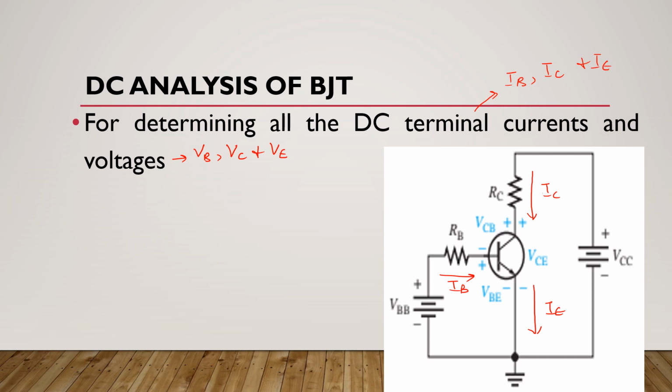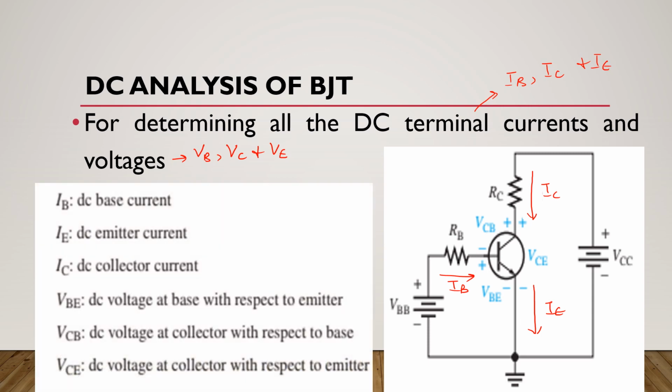Now here this IB is DC base current, this IE is DC emitter current, this IC is DC collector current, this VBE is DC voltage at base with respect to emitter, this VCB is DC voltage at collector with respect to base, and this VCE is DC voltage at collector with respect to emitter.